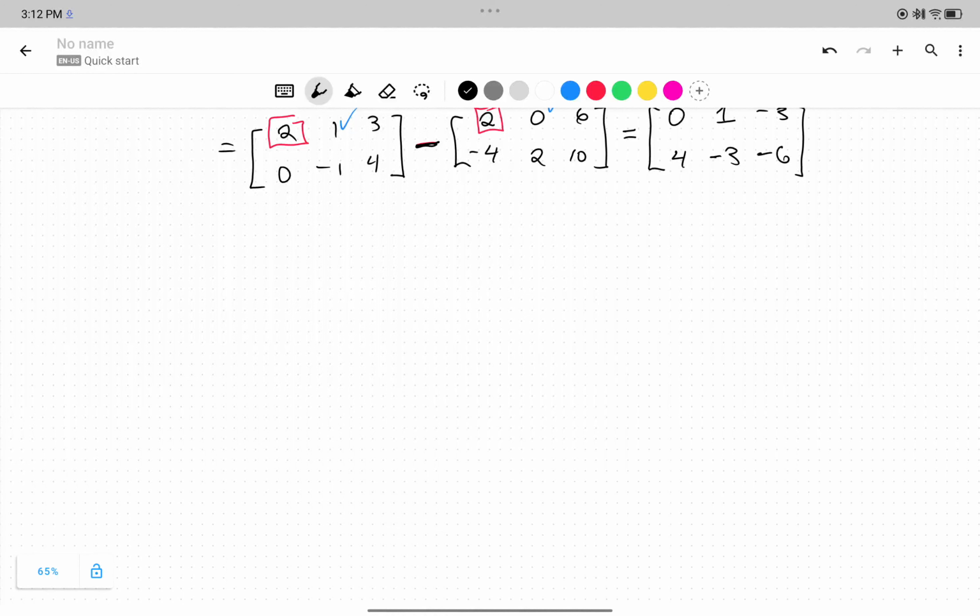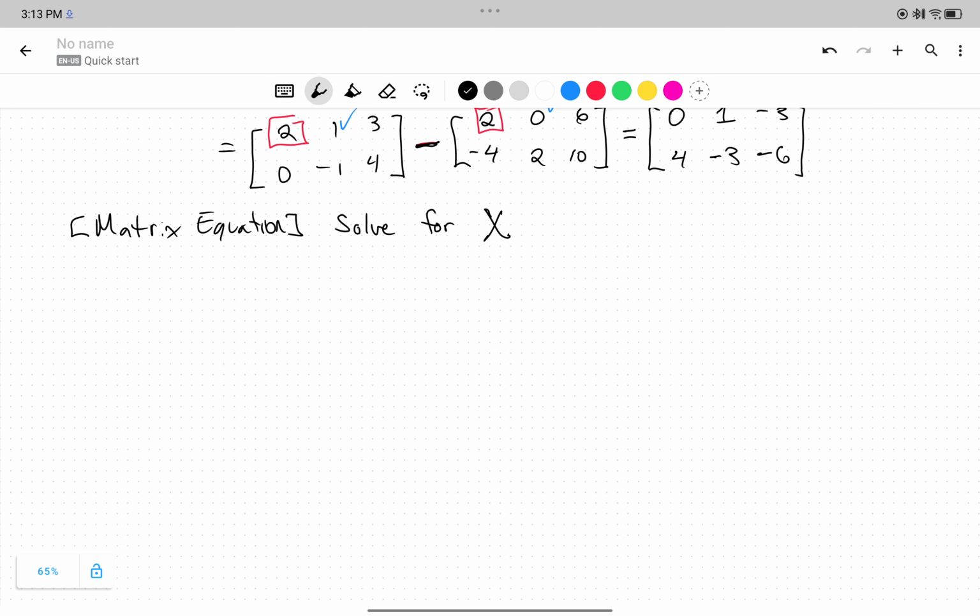All right, let's solve a matrix equation. Solve for x. But notice I'm going to make a capital X because x is not a number. X is a matrix.